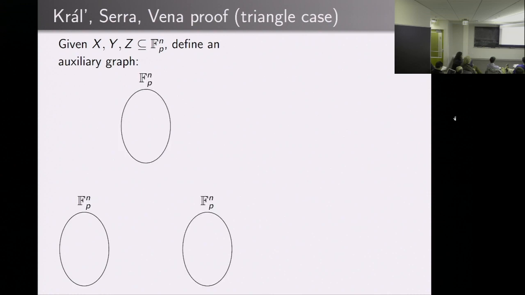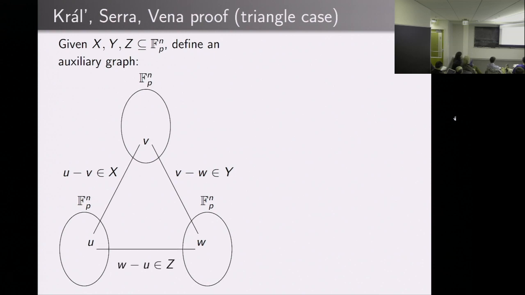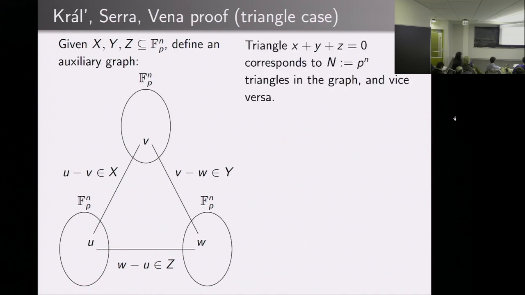We take three sets of vertices, each corresponding to F_p^n, and then if we have points in the sets, between the first two, we connect a pair of vertices if their difference, u minus v, is in X. Between the second two, we connect them if their difference is in Y. And between the last two, we connect them if their difference is in Z. So then it's easy to check that a triangle in our original sets corresponds to N triangles in this graph.